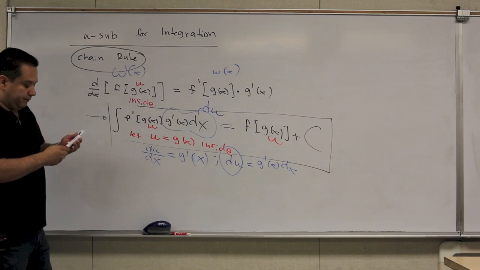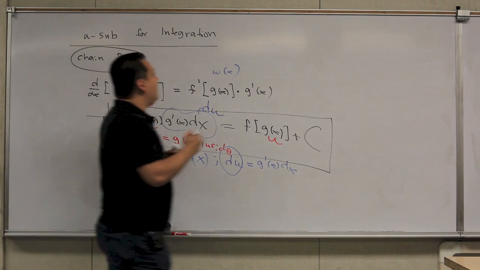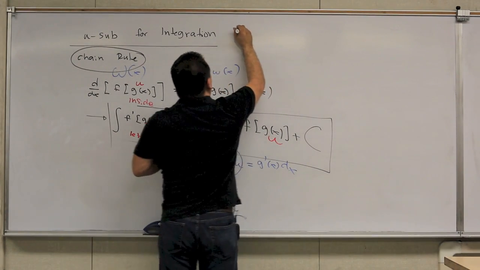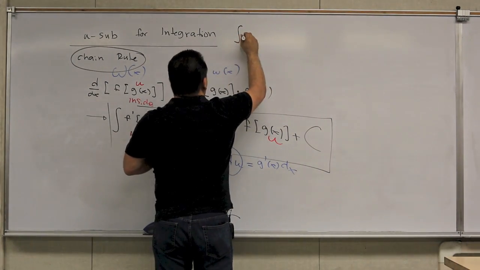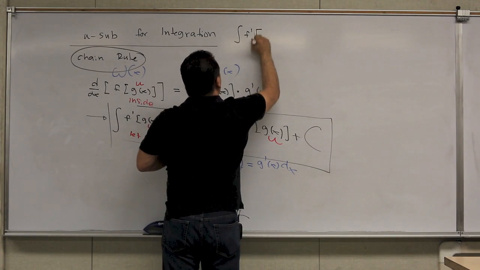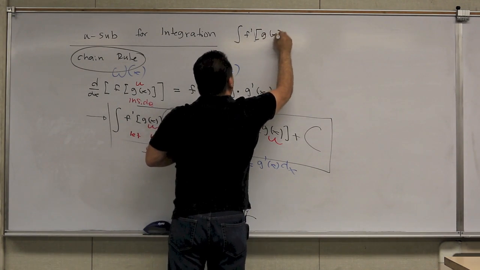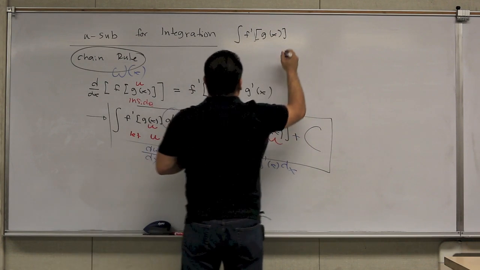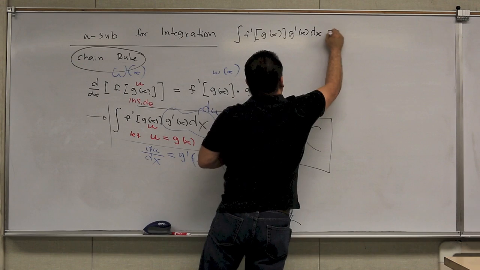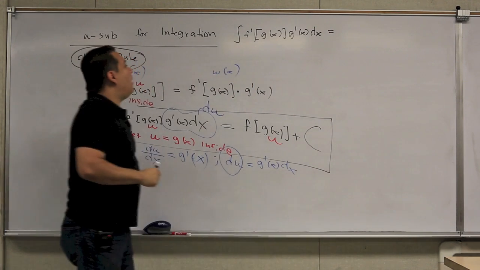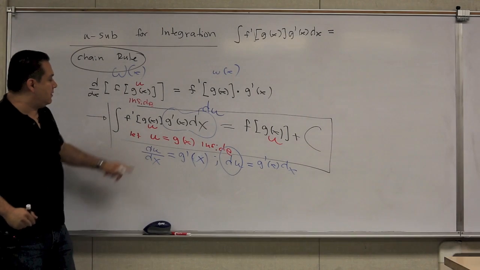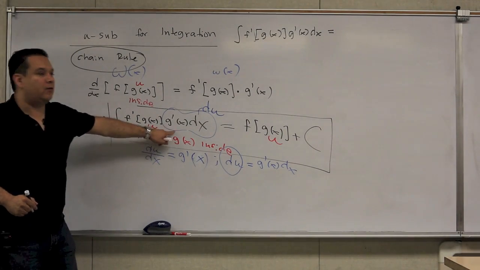So let me put this all together, because this is what we're going to use. Let's put it up here. What you're looking at is this. We're going to integrate f prime of g of x, and then I have g prime x dx. This is what's really going on. This integral is the same as, let me plug in my u and my du.